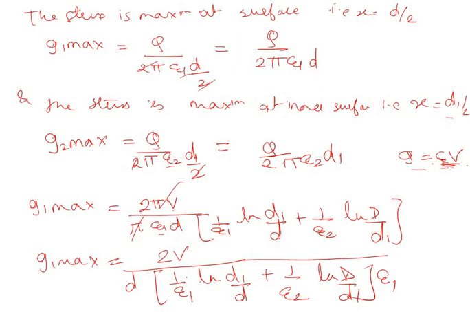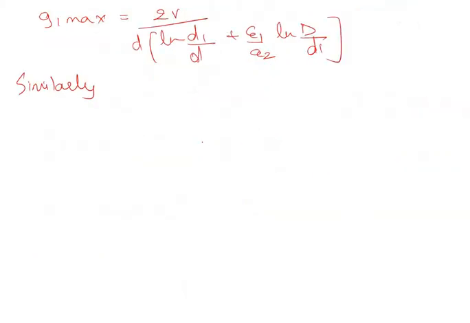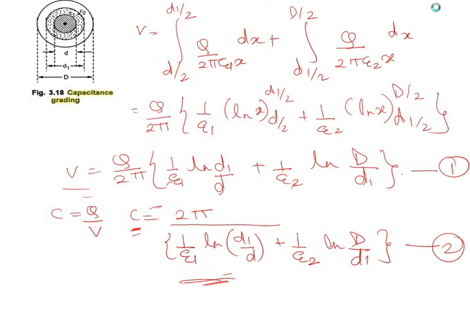Then finally we substitute epsilon 1 in the inner side, so epsilon 1 cancels. What remains is ln d1 by d plus epsilon 1 by epsilon 2 ln of d by d1. This is the equation of G1 max. Suppose this is equation 3.